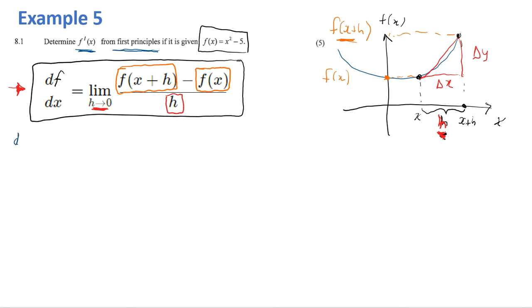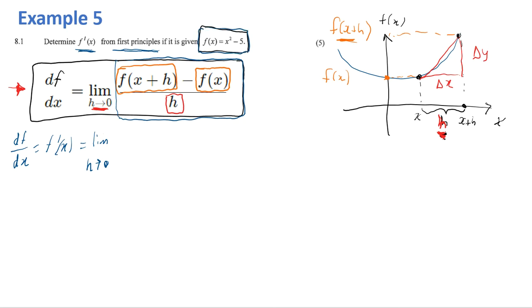So in terms of notation, we can write df dx, which is also notated as f prime of x. Okay, these two things are equivalent. And that equals, according to first principles, the limit as h approaches 0. Okay, and now we're applying this equation over here to the specific function that they were given.